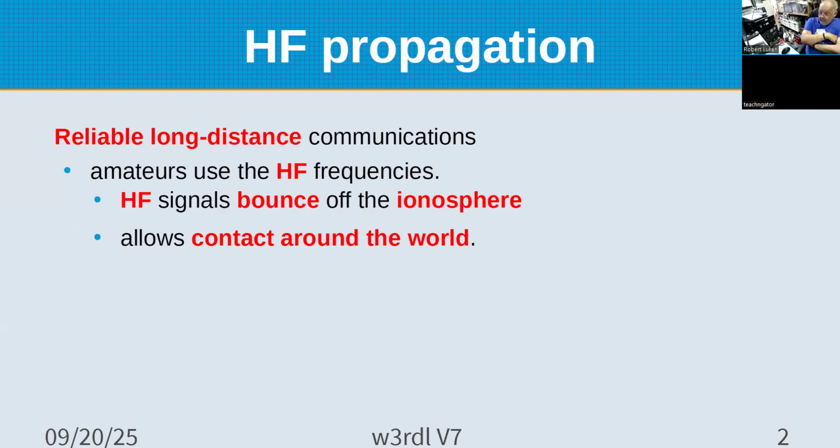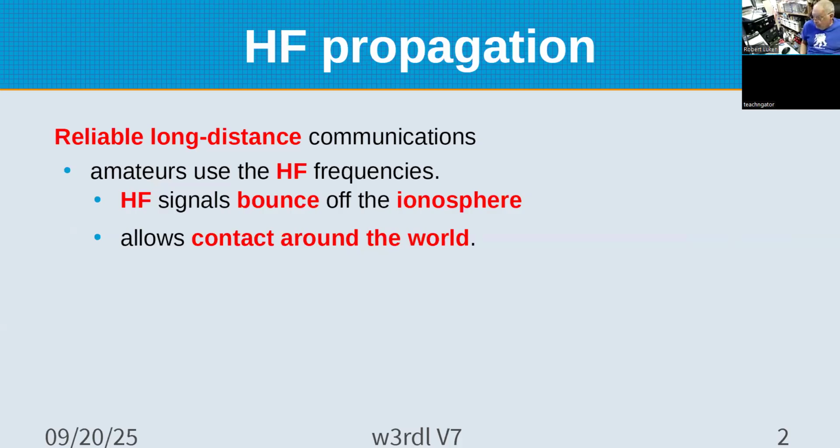I play with FT8 a lot, which is one of the digital modes, which was kind of developed out of some stuff that Joe Taylor did for deep space communications to talk to satellites and stuff that were out of the Earth's, or our solar system, I should say.